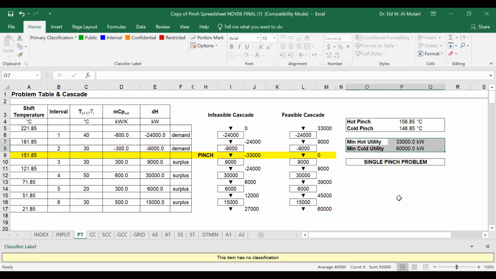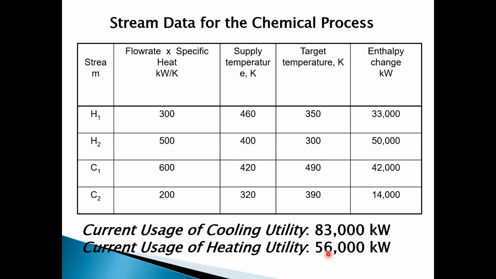So now I need 33 megawatts and 60 megawatts for heating and cooling utilities requirements respectively. That is with respect to 83 and 56 megawatts for cooling and heating utilities.